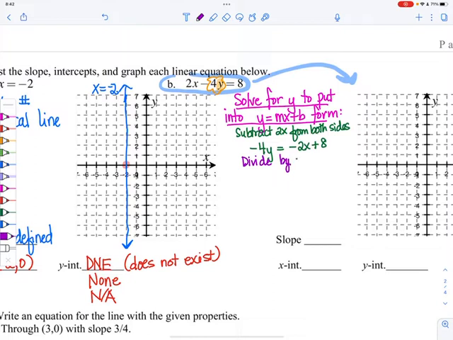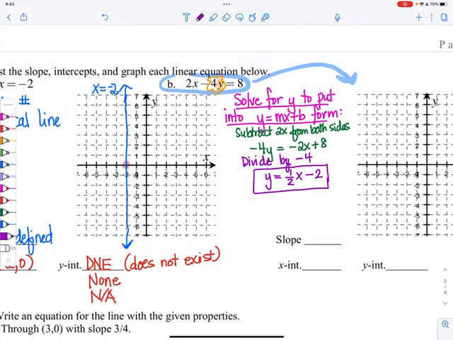This isn't an inequality, so I don't have to change the equal sign. So I'll divide by -4. I'll get y equals -2 divided by -4 will be a positive 1/2 x, and then -2. So there is my equation in slope-intercept form.